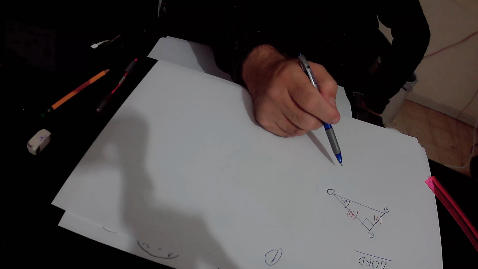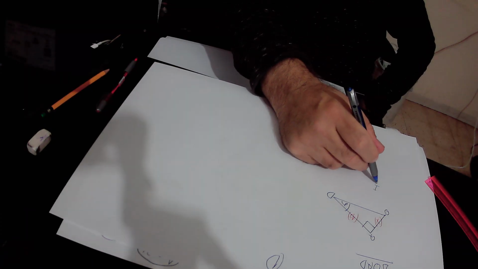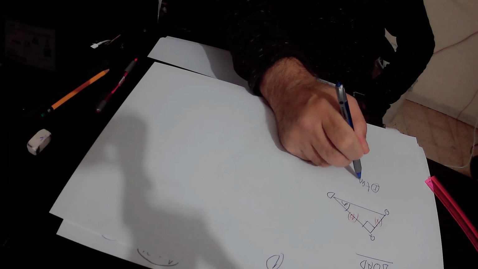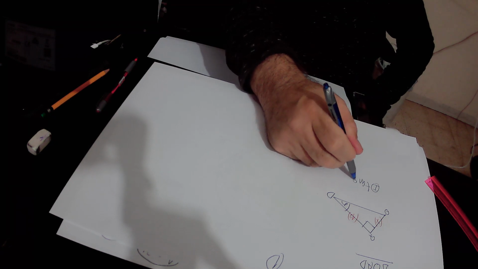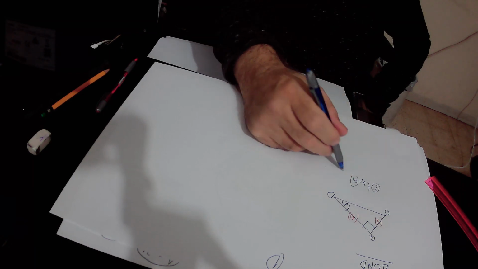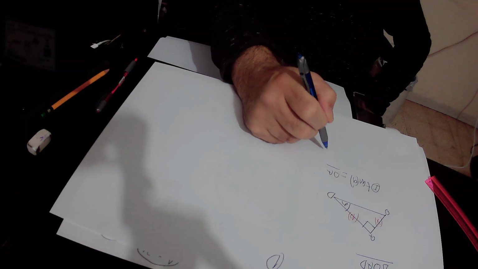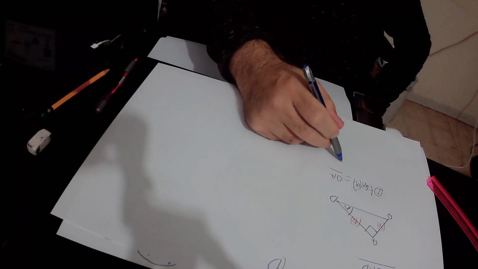So in this right triangle OQD, tangent alpha equals OQ over QD.